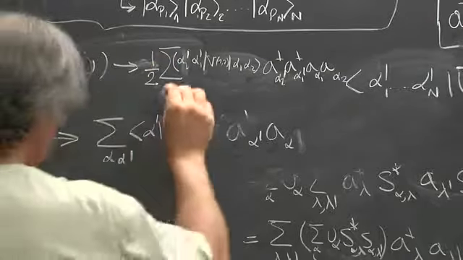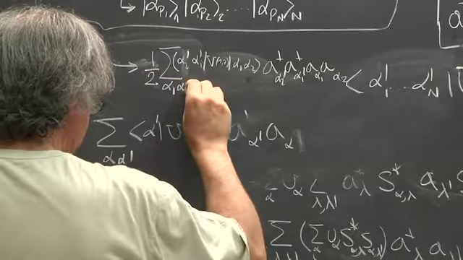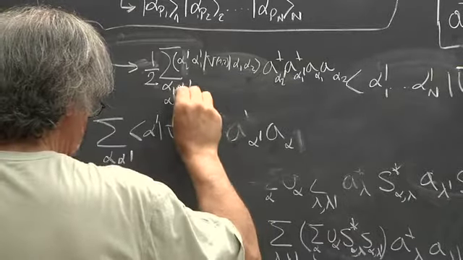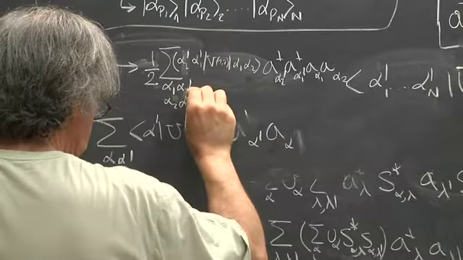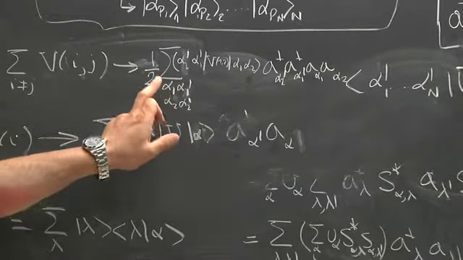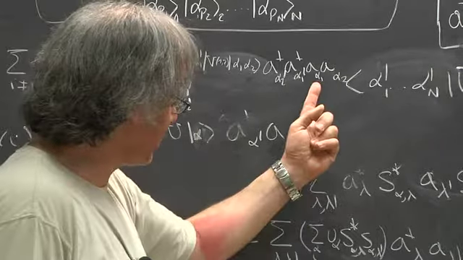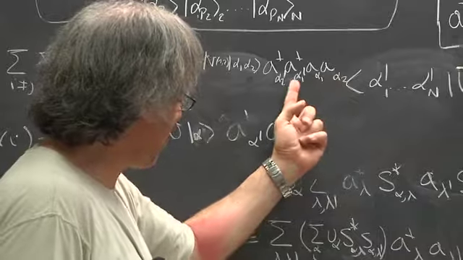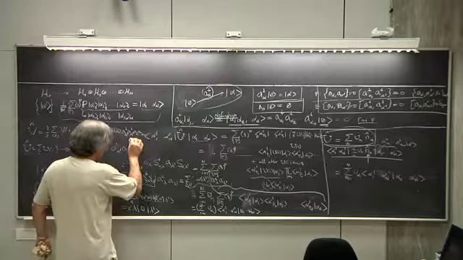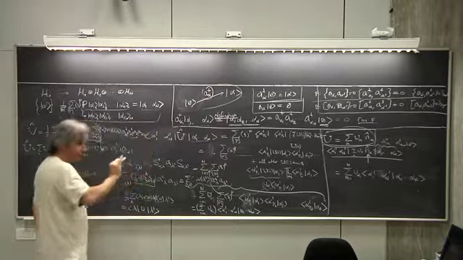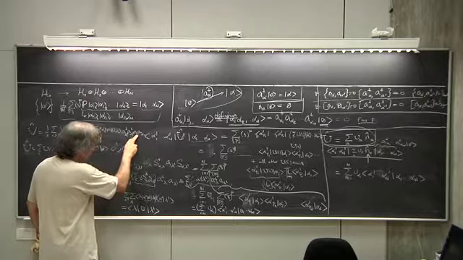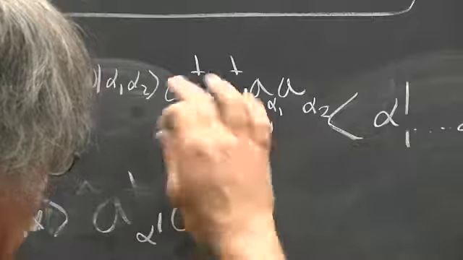So let me summarize. I have the sum over alpha 1, alpha 2, alpha 1 prime, alpha 2 prime. So four labels, four operators with indices alpha 1, alpha 2, alpha 1 prime, alpha 2 prime. Notice, however, the order. As was noticed, the order is not irrelevant for fermions. It's important, for instance, that the alpha 1 prime I put close to this one and not further away.